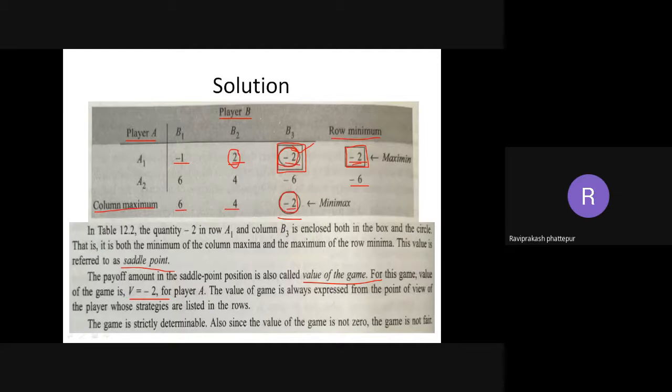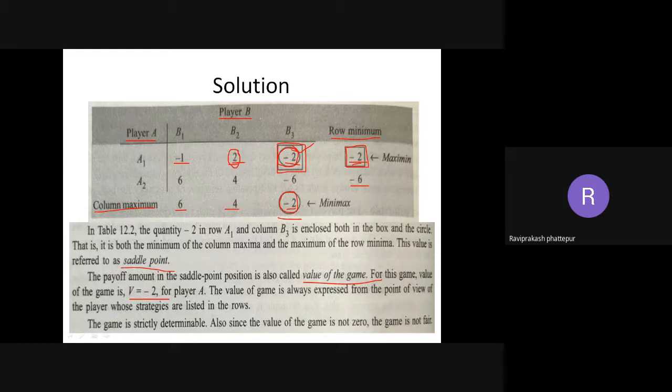Positive means A is gaining, negative means A is losing or B is gaining. Okay, so that you should remember. So for player A, the value is -2. That means A is losing.